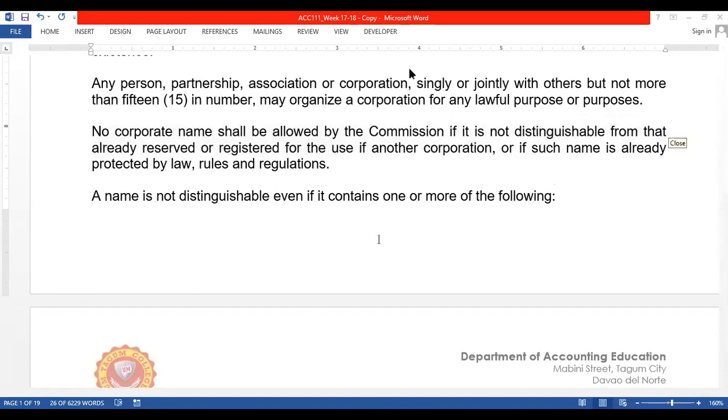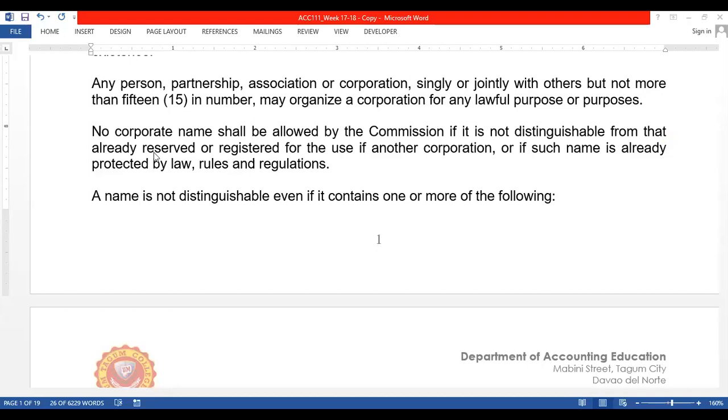Every corporation is unique, so they have their own specific name, and it is even listed in the Securities and Exchange Commission. Before you register, you need to submit the name, and they check in the system whether there is a similar one; if there is none, you proceed to the next step.